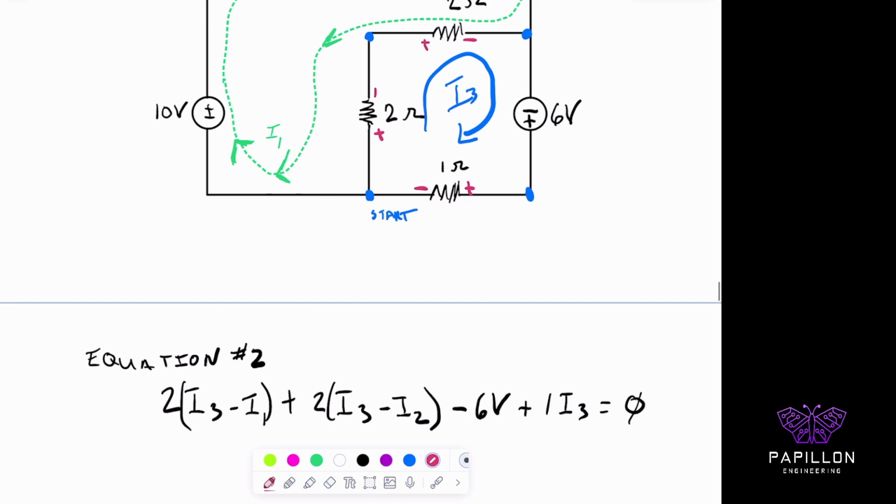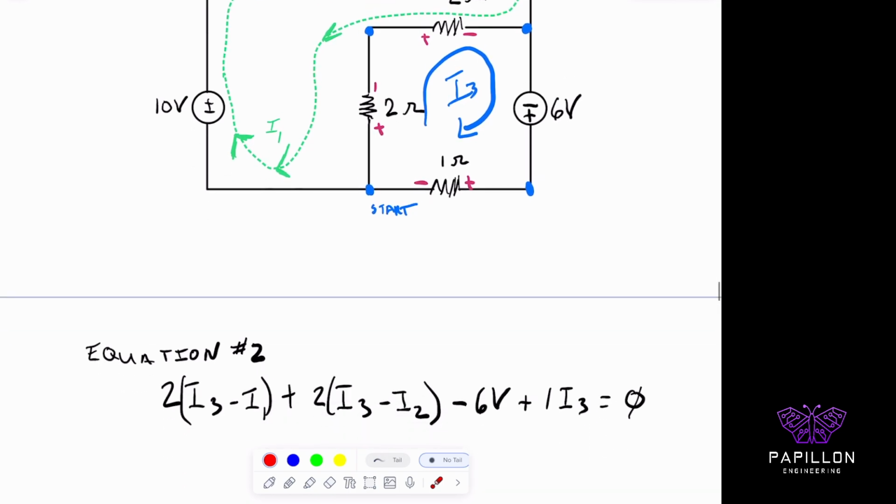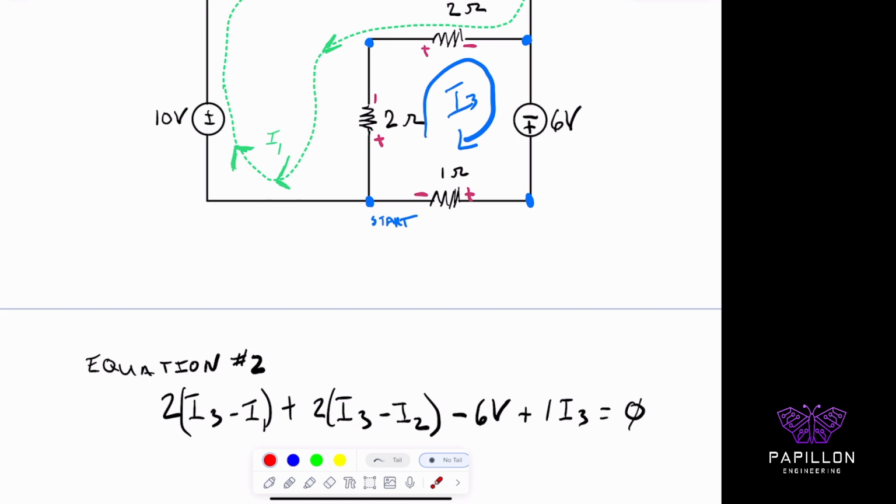So when I do that, because I am now in loop 3, I'm going to be 2 ohms times I3, because I'm in loop 3. I'm going to be subtracting it from I1. And then because I'm still in loop 2, loop 3, it's going to be I3 minus I2 of the mesh, and then I'm entering into the minus 6 volt sign, so minus 6 volts.